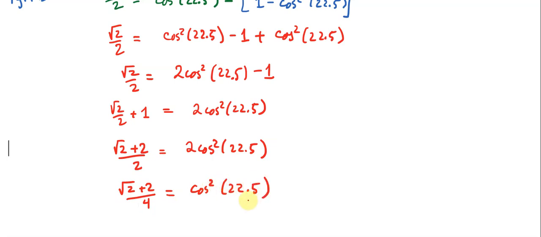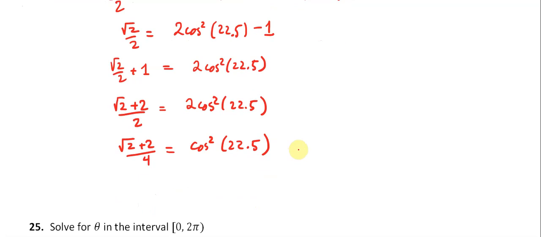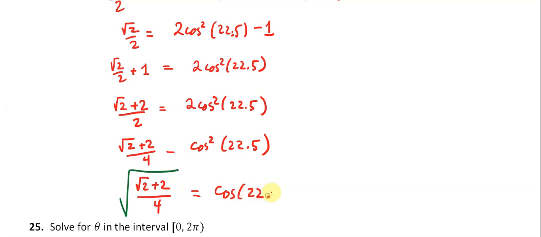Then I can take the square root of both sides, and that's going to give me something that looks kind of crazy, right? So it's going to give me root 2 plus 2 over 4, and I'm putting an enormous square root around the whole thing. So now I have a square root within a square root that's going to give me the cosine of 22.5.